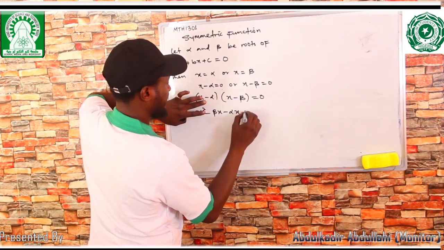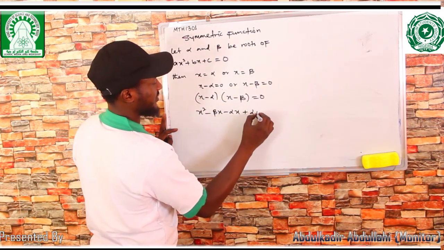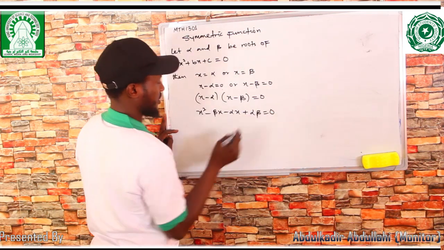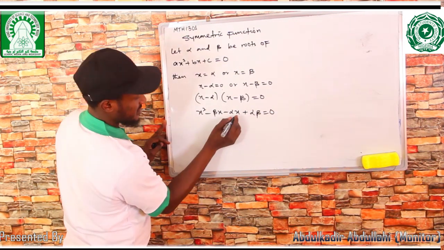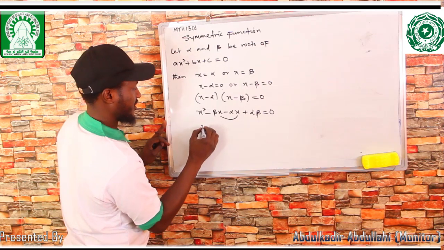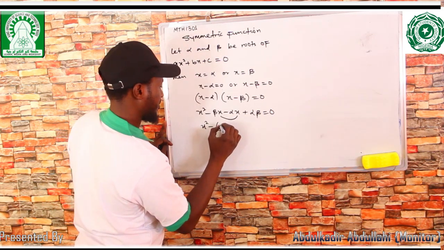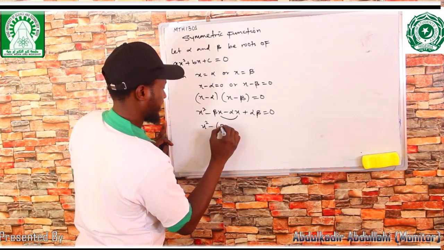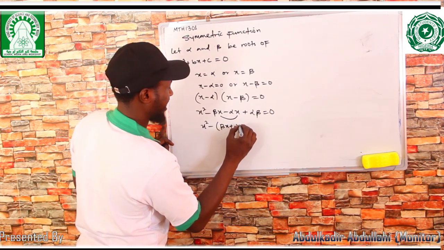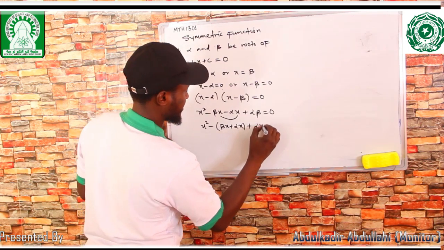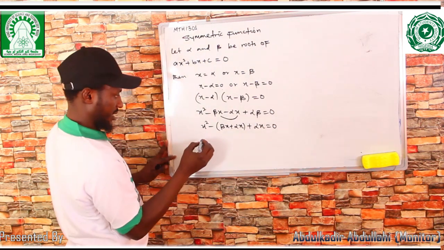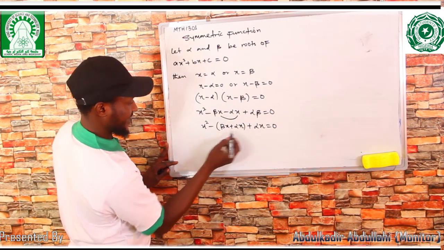This times this, we have minus times minus, plus alpha beta, is equal to 0. So having this, just factor out the minus. We're going to have x squared minus beta x minus alpha x plus alpha beta is equal to 0.